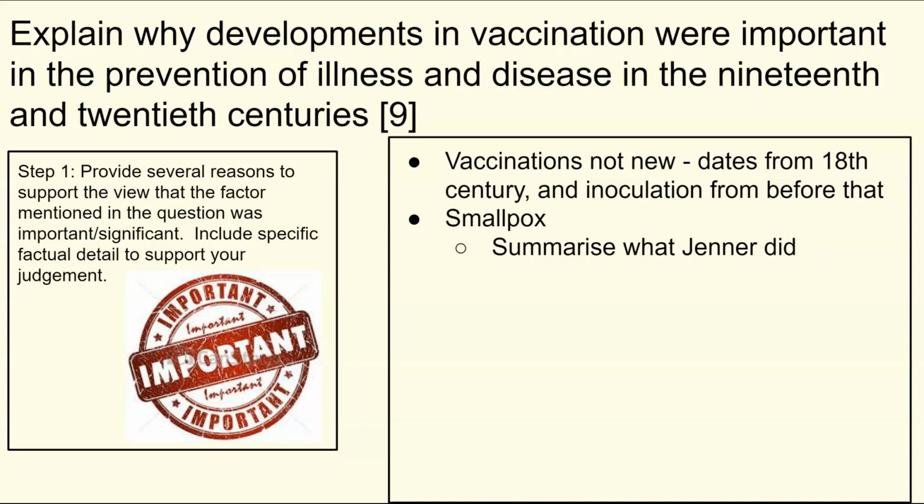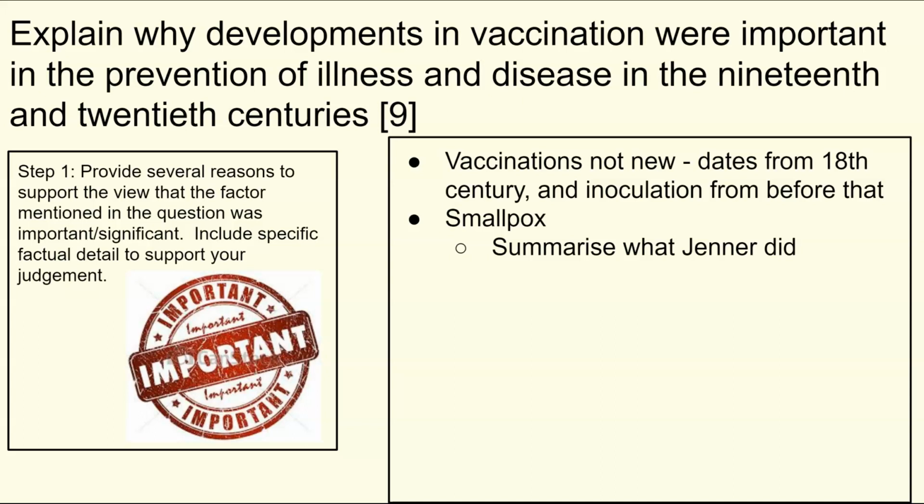I'd recommend that Jenner, initially it was guesswork, but then he used science through observations and experimentation to provide evidence to support his guesses. I would talk about how he experimented on a 12-year-old child. I would talk about how he had noted that milkmaids who had suffered from cowpox did not seem to get smallpox.